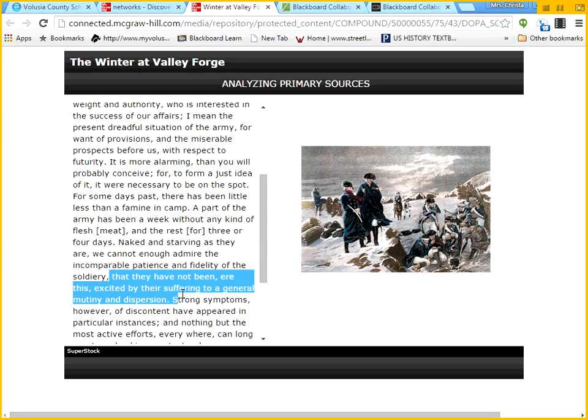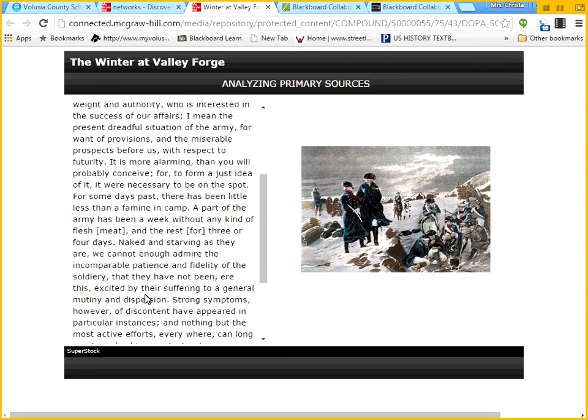That they have not been, ere this, excited by their suffering to a general mutiny and dispersion. And here he doesn't mean excited the way we use excited. He means upset. So they have not been yet so upset by their suffering that they mutiny and disperse. Do you know what a mutiny is?